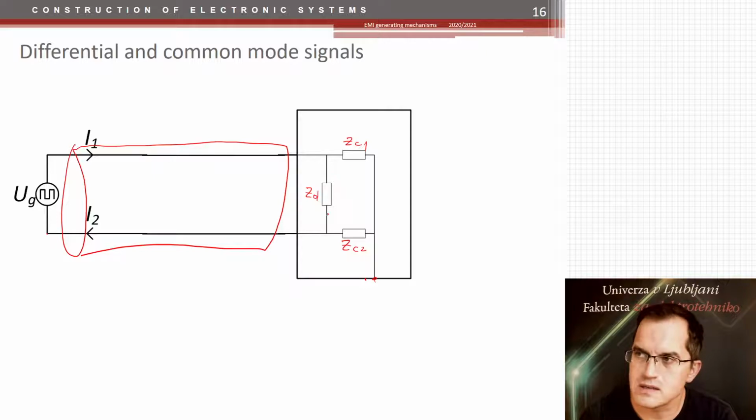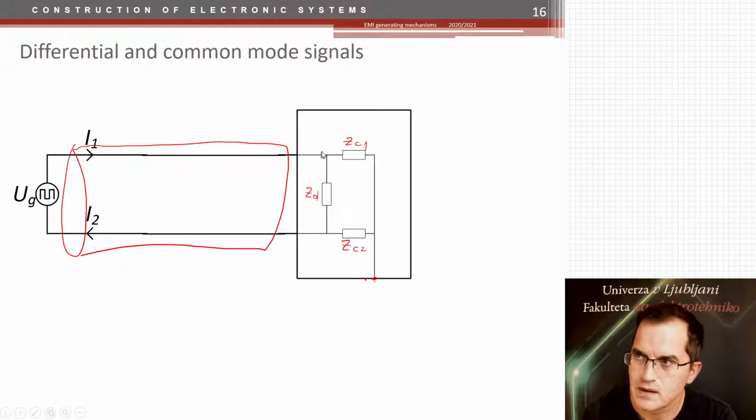The differential one is usually the input impedance of an amplifier of some kind. These two could be capacitances or even resistances between the ground of the whole system and these inputs. They could be intentional components put in, or they could be stray capacitances or stray impedances. So all that is possible.